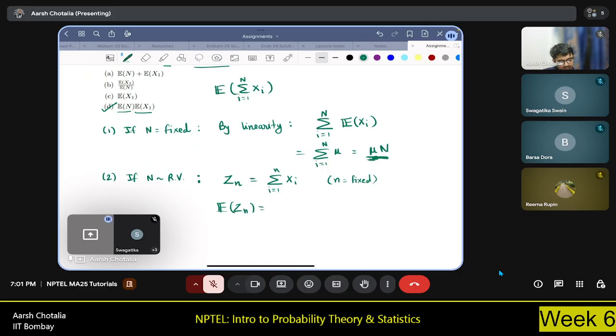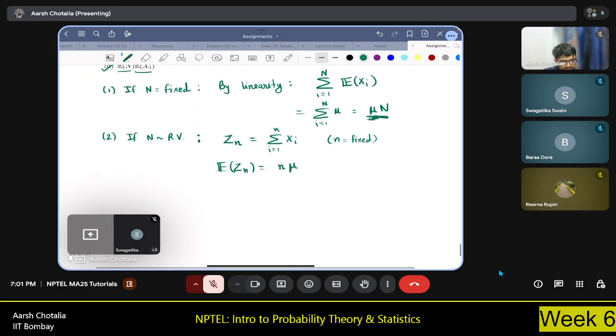We just calculated it. It is n times mu, right? Or mu times n, where mu is the expectation of any Xi. So let me call it just the expectation of X1. But now we define Z capital N, which is the sum from 1 to capital N of Xi.